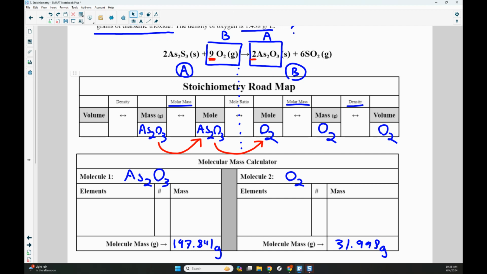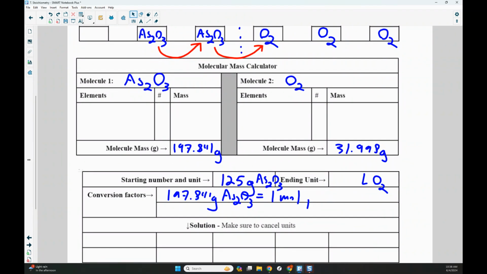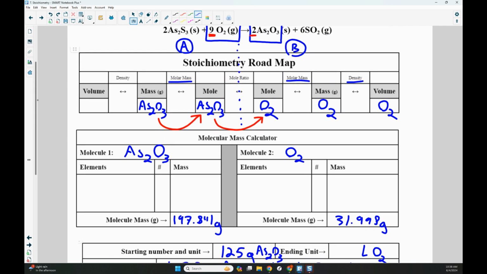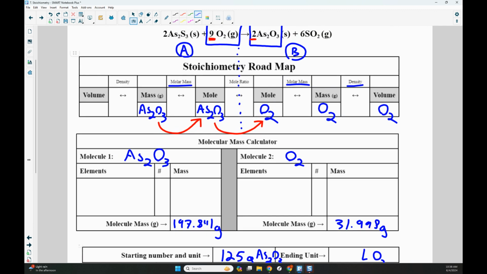I get that from coefficients. So again, that's 2 moles of diarsenic trioxide equals 9 moles of O2. Running out of space there. And that allows me to change from chemical A to chemical B.